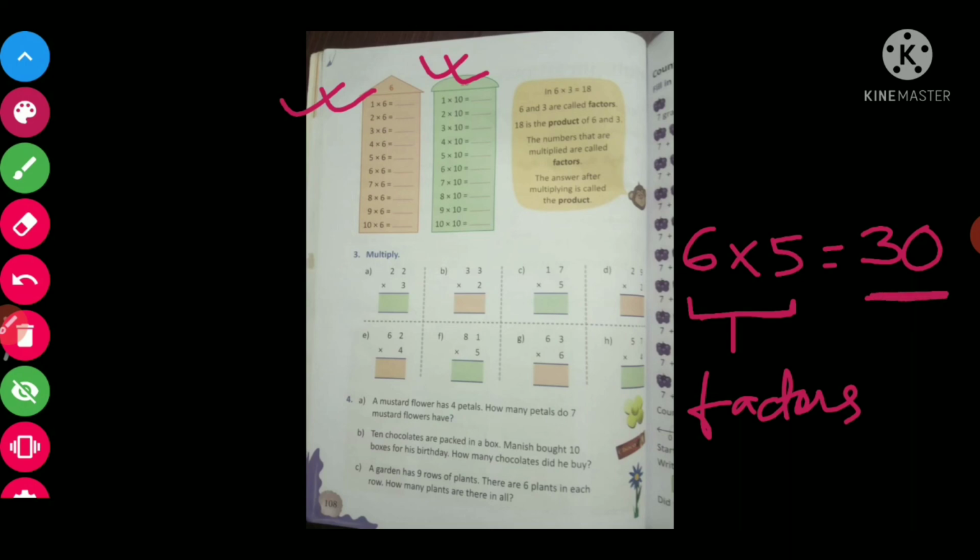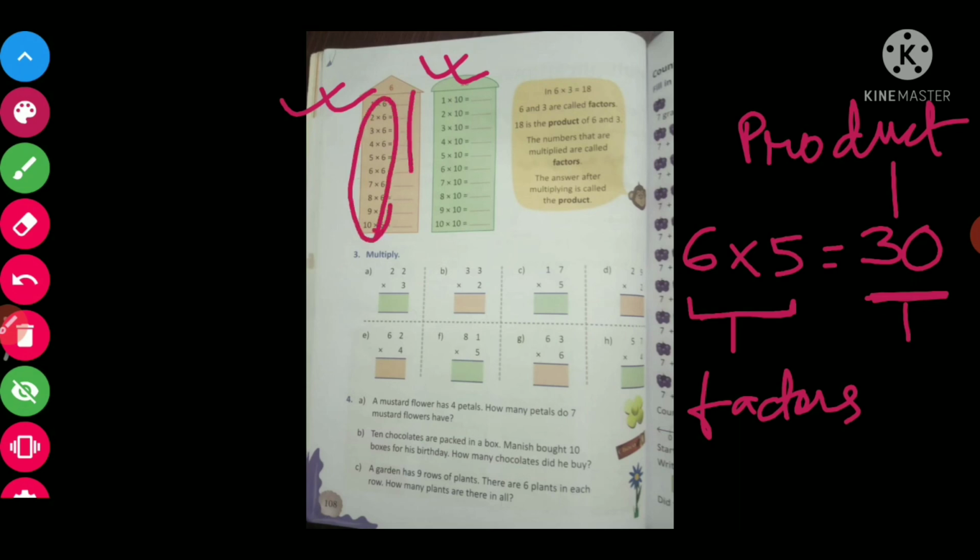And 30 will be the product. So the answer that we got is called the product, and the numbers that are multiplied are called factors. So these are the factors and you have to find out the product.